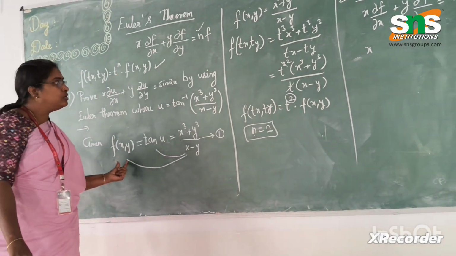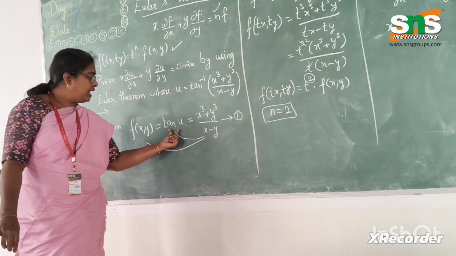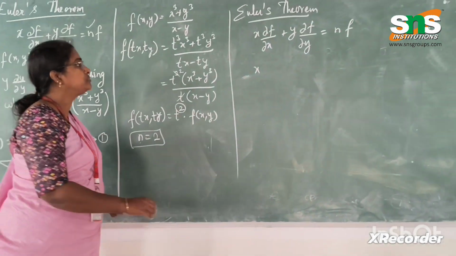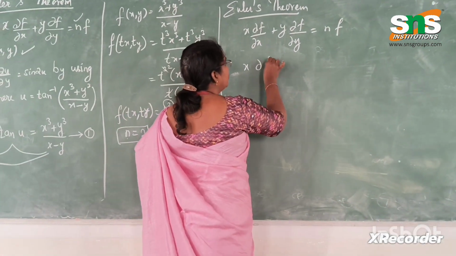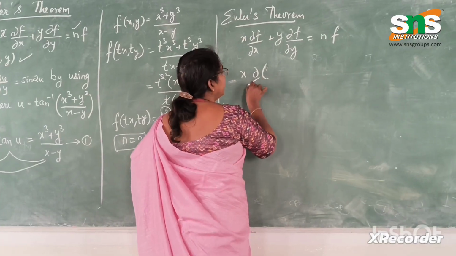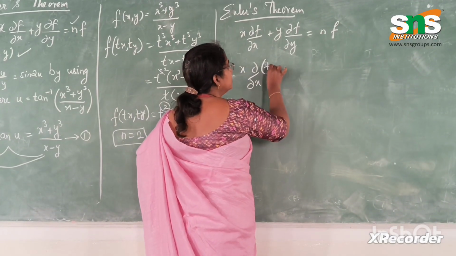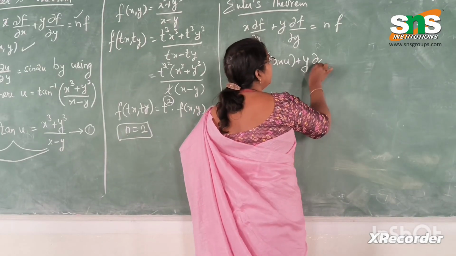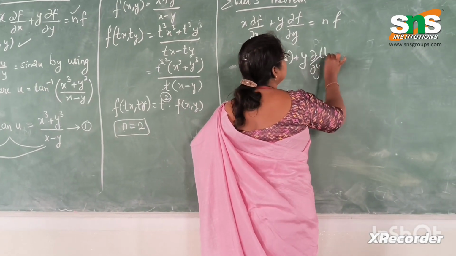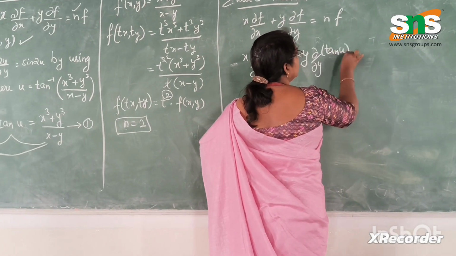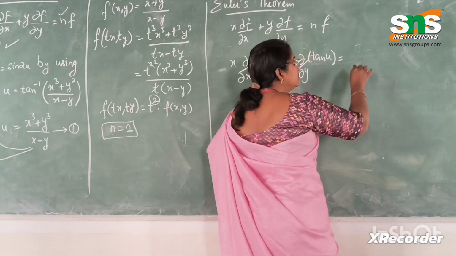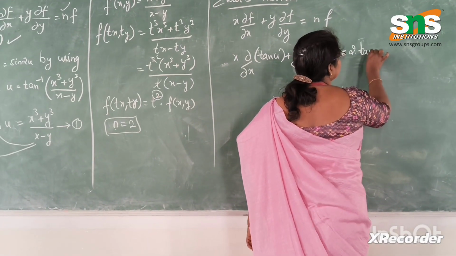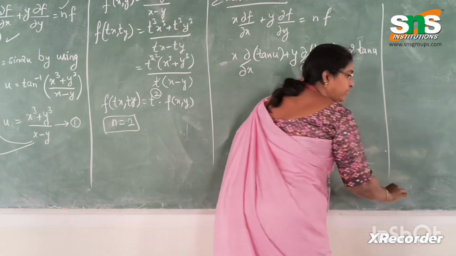These two conditions I choose: x into ∂/∂x of tan u plus y into ∂/∂y of tan u equals n, which is 2, into tan u. We replace all the values.